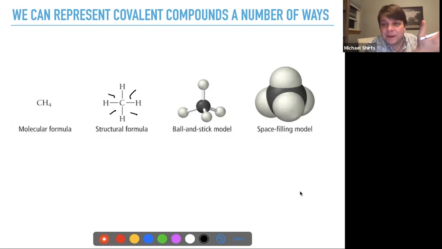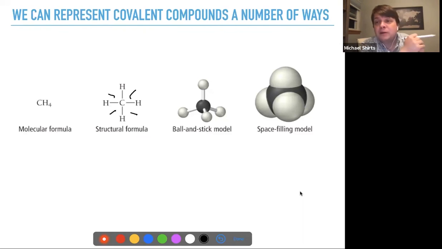And finally, we have a space filling model. The ball and stick model shows where the nuclei are, but the space filling model shows roughly, and it's roughly because it's an electron cloud that has some probability, where the electrons are. That gives you a much better sense if you're looking at a liquid and trying to see how it fills space, or trying to understand how a drug binds to a protein receptor.